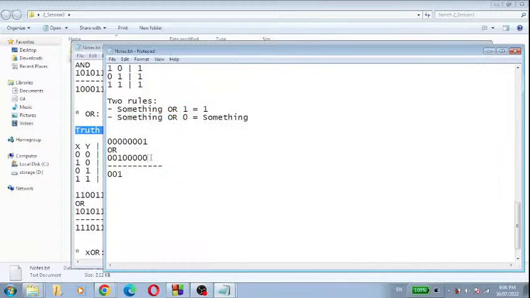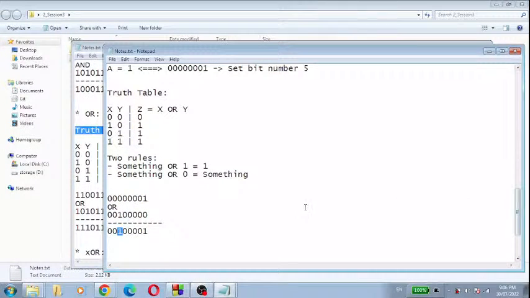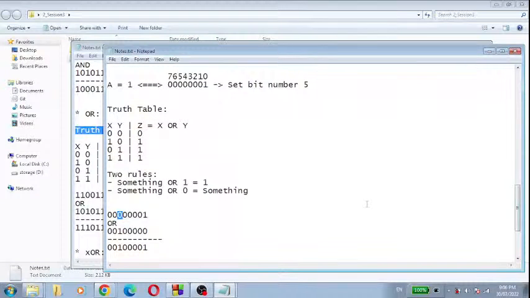Here you see that when I OR 1 and 0, I get 1, the same, so I get this. You see how I achieved my requirement. I wanted this bit, the 5th bit, to be 1, so I have made a mask here.